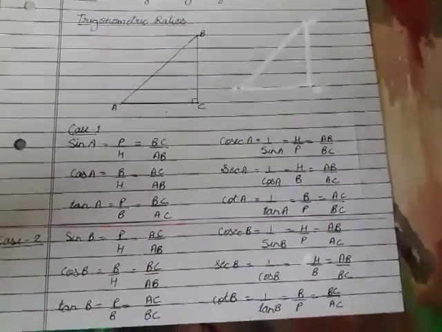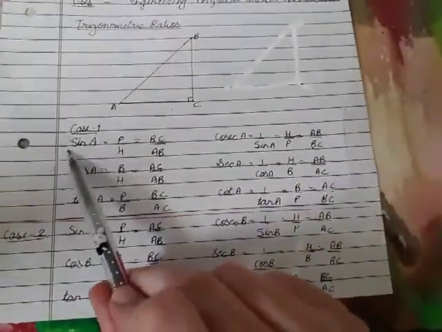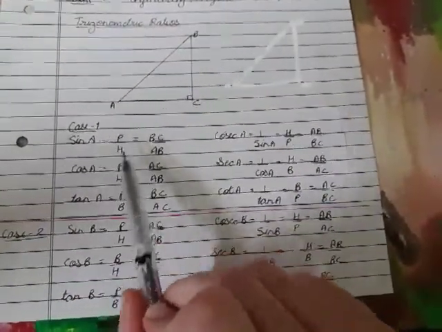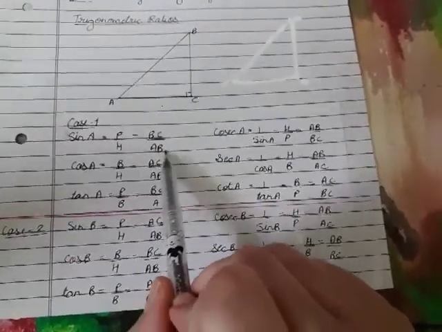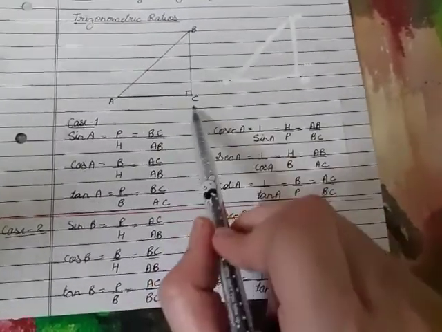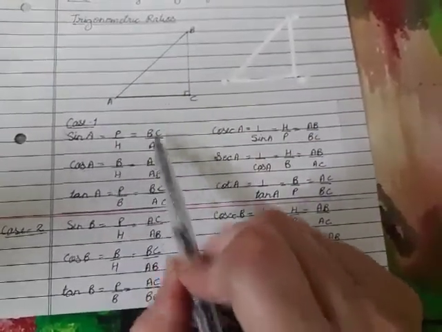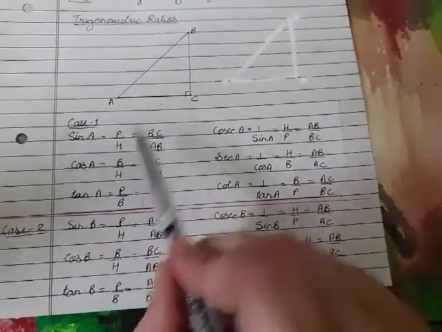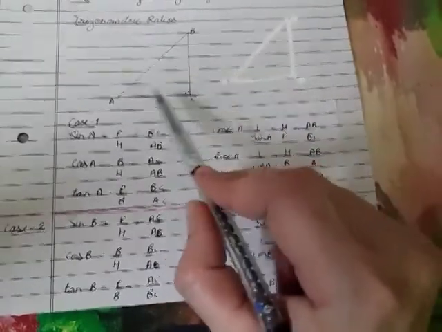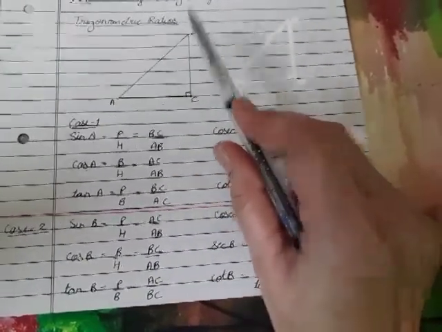Now let us see how it changes. Sin A is given by perpendicular upon hypotenuse, which is equal to BC upon AB. That means perpendicular is BC and hypotenuse is AB.